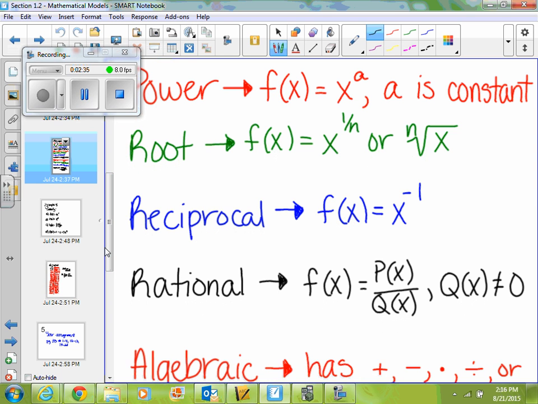Okay. A rational function is a function that is a fraction where you have a polynomial divided by a different polynomial.